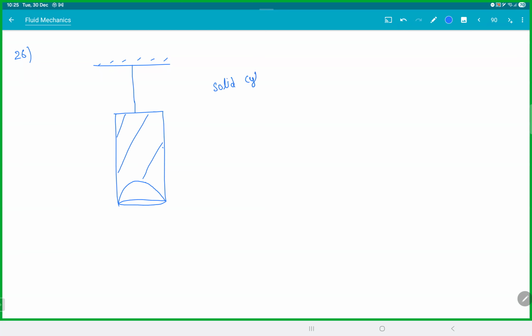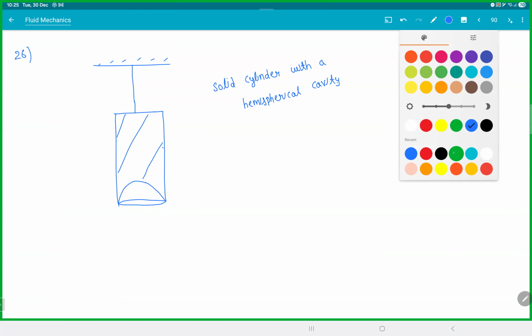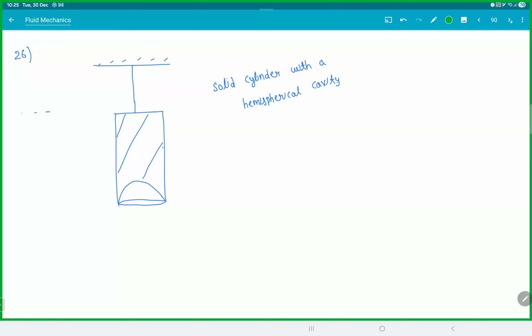This is a solid cylinder with a hemispherical cavity, and this entire thing is filled with liquid. Even inside the cavity, there is liquid.